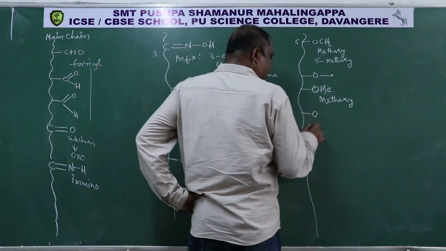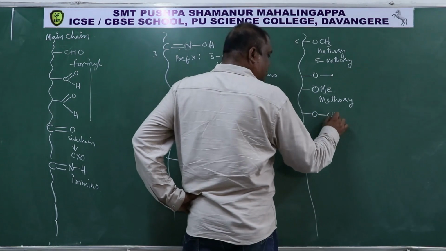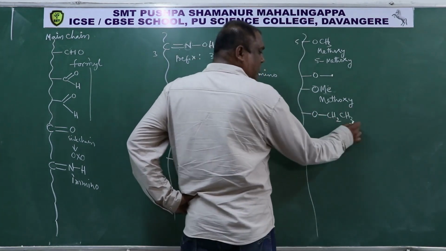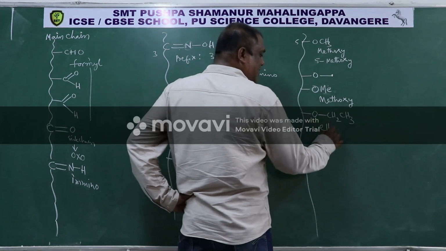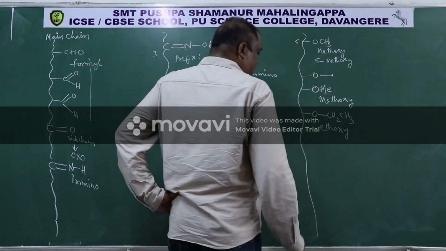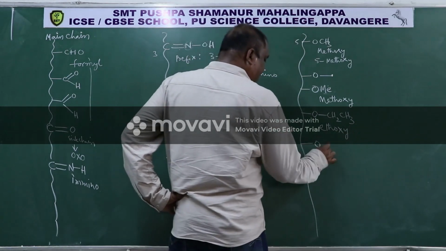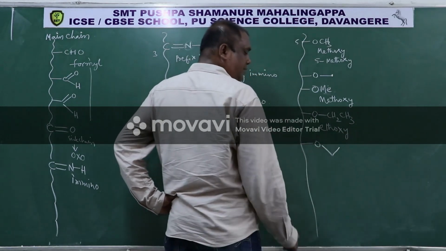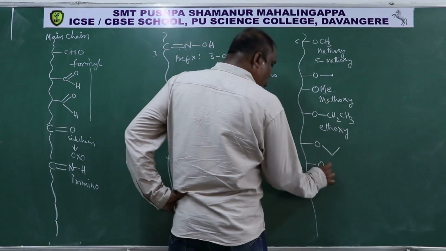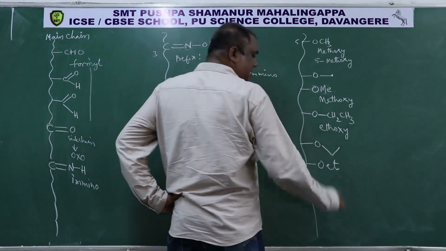Then oxygen attached to CH2 attached to CH3. This is an ethyl group and this is oxygen. This is called ethoxy. That ethoxy group can be written like this also. But the ethyl group is also written as Et. So OEt. This is called ethoxy.